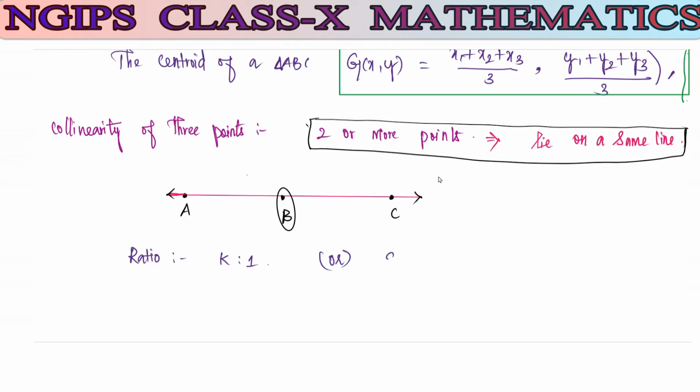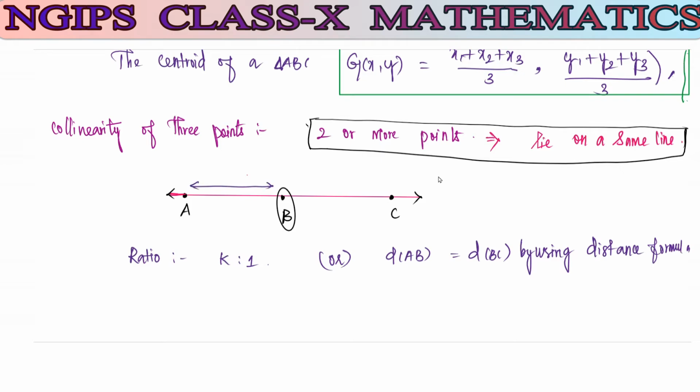Or even you can use the distance of AB equal to the distance of BC by using the distance formula. By using the distance formula we need to find the distance of AB.